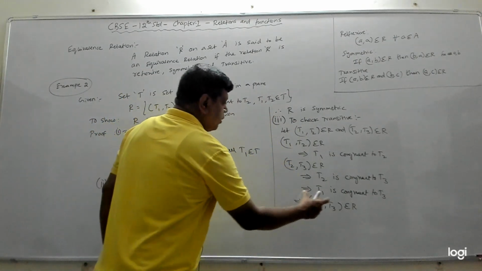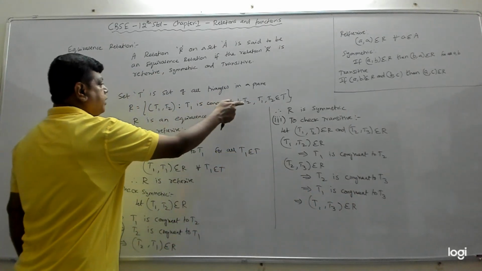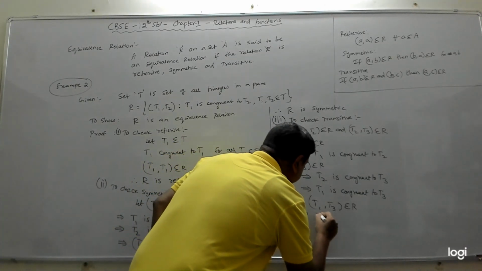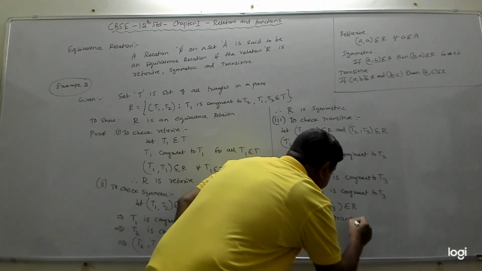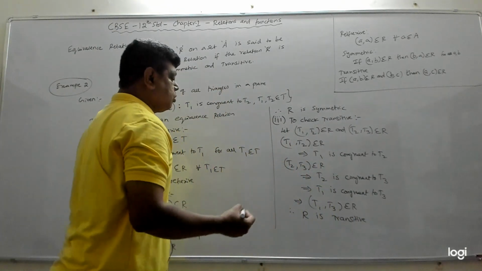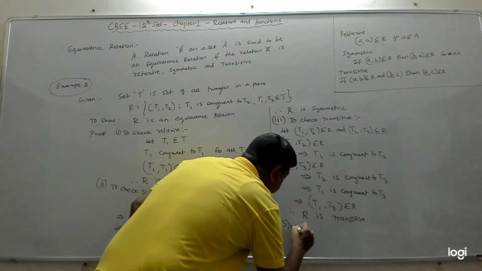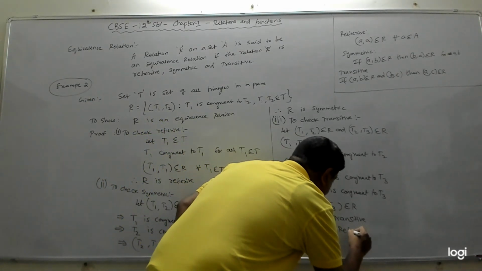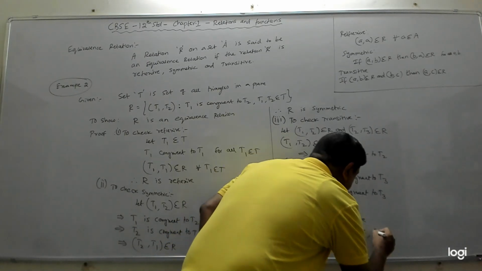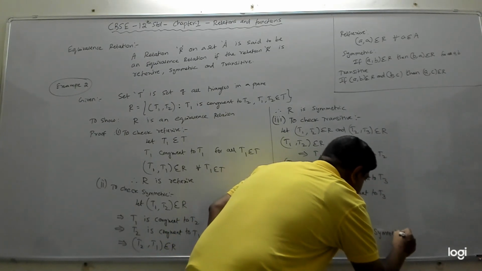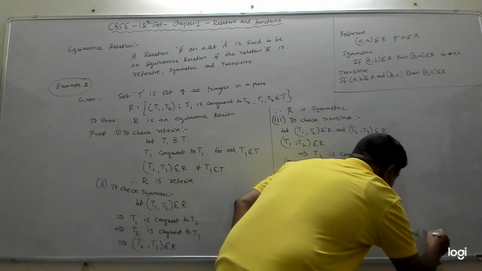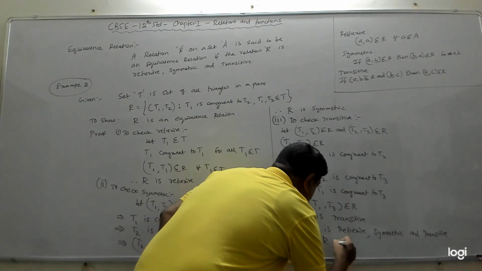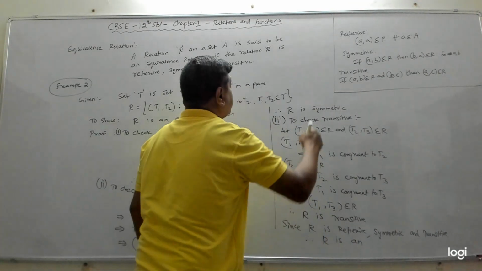Right? So therefore, we got this condition: T1 is congruent to T3 means T1 comma T3 belongs to R. So R is transitive. So R is a transitive relation also. Then the conclusion is, since R is reflexive, symmetric and transitive, all three conditions are met.